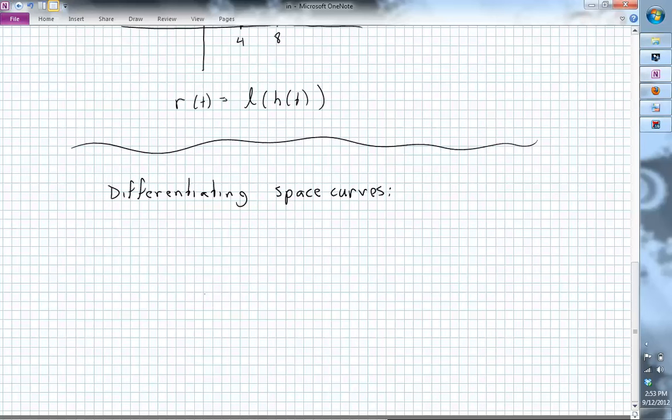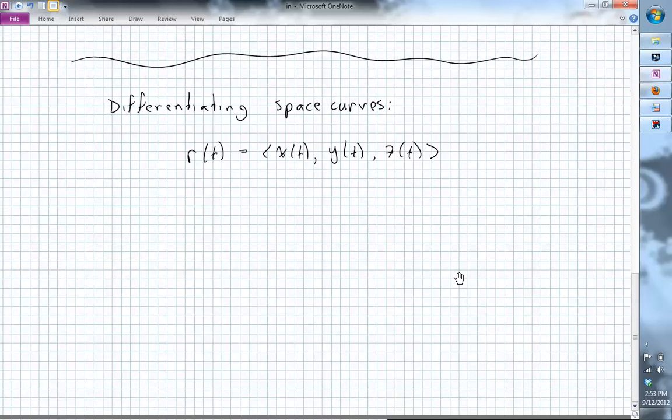We've got this definition. So we've got this function r of t, and it's x of t, comma, y of t, comma, z of t. And what we'd like to do is develop some kind of notion of how to differentiate this thing.